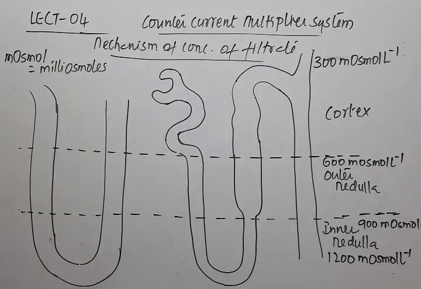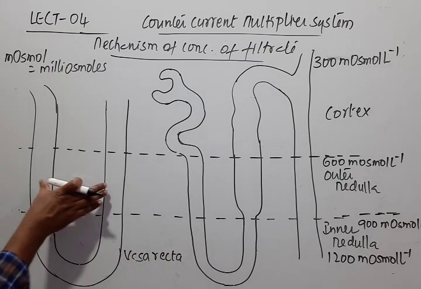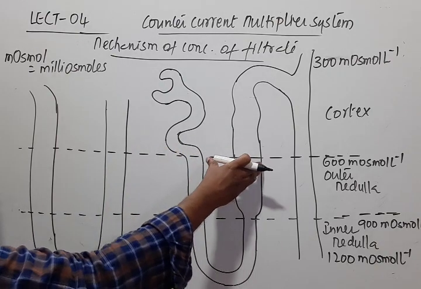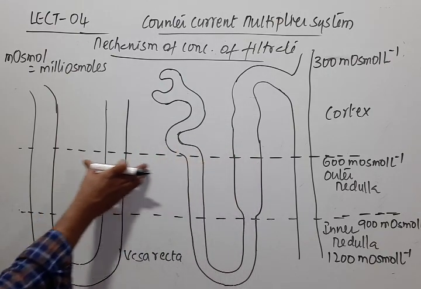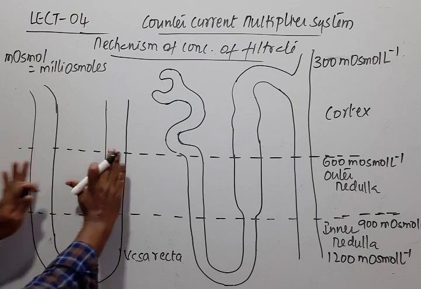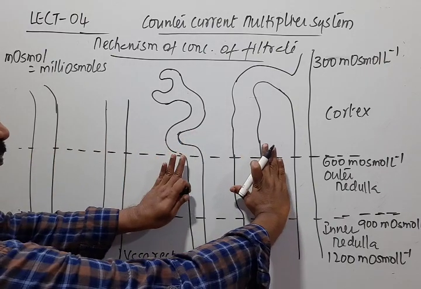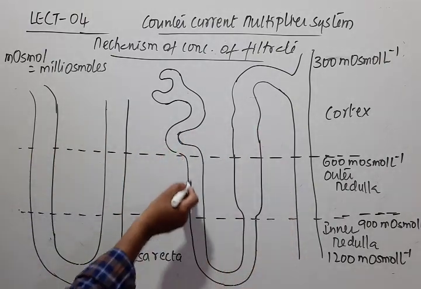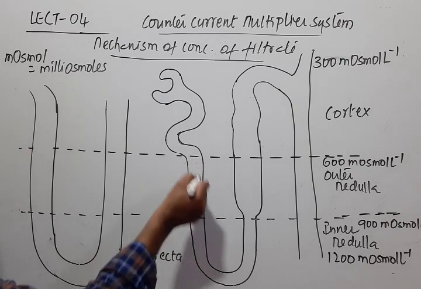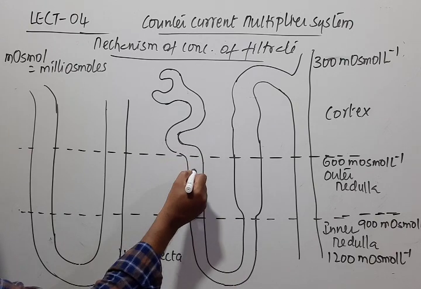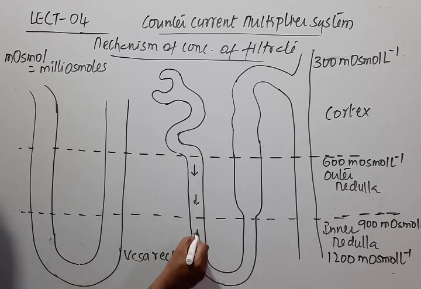Okay, now this is the vasa recta. It is actually present here, but I have kept it aside. Now in the renal tubules, you will see the flow of the filtrate in this direction.